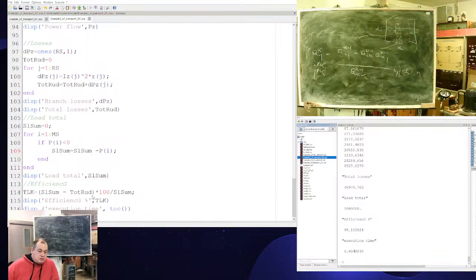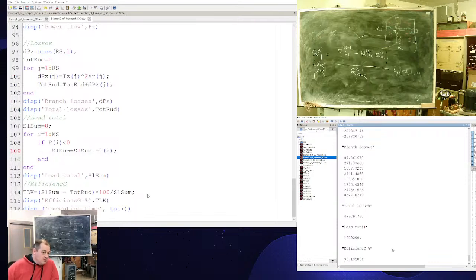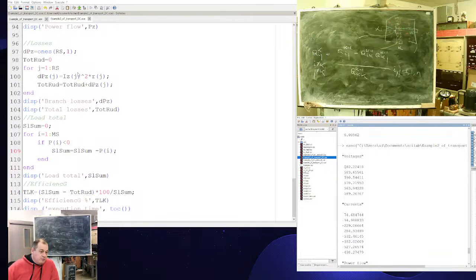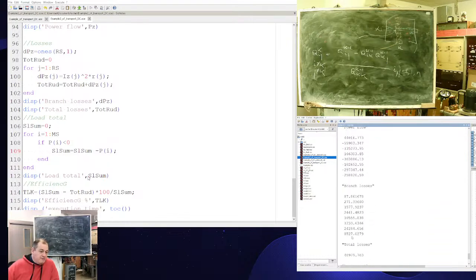Okay, it took 4 milliseconds to obtain all this: efficiency, voltage, currents, power flow, branch losses, everything in 4 milliseconds.